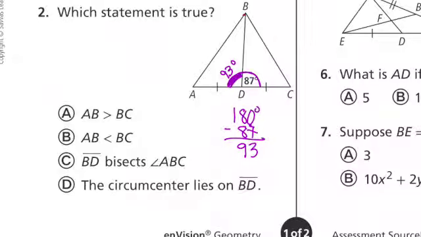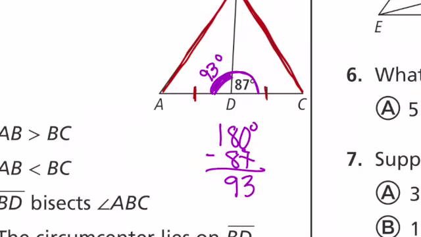Now, how does AB compare to BC? Let's just use some logic. Looks like everything else is the same. We're going to pay attention to these tick marks. This tick mark and that tick mark show that AD is the same as DC.